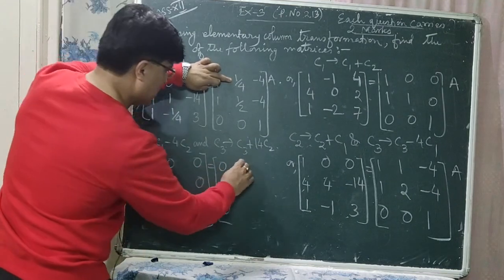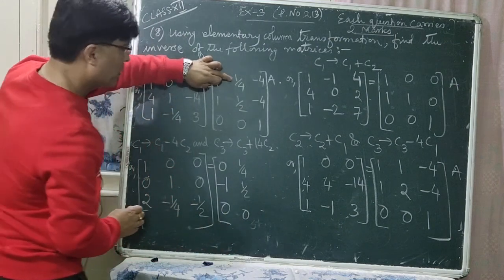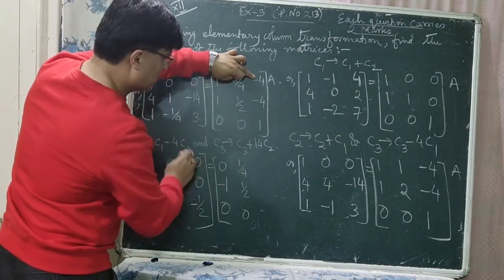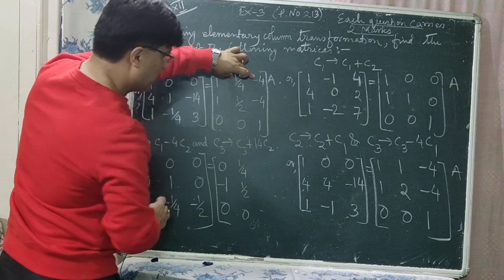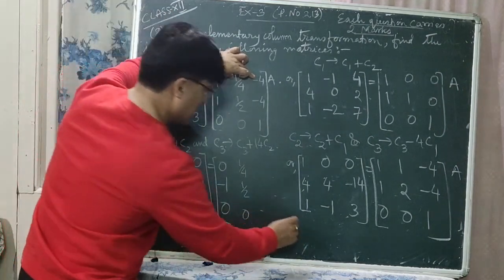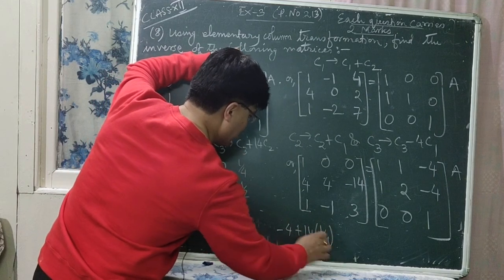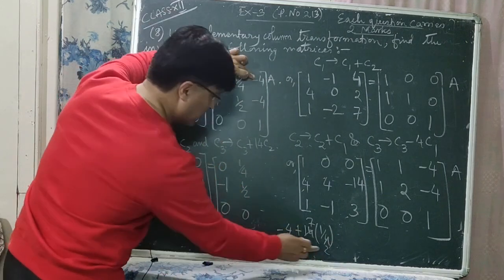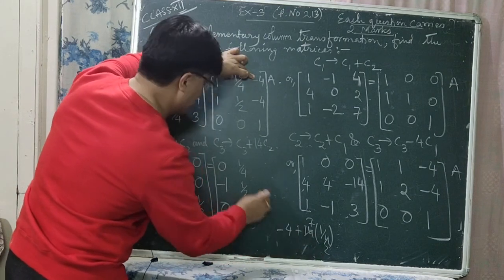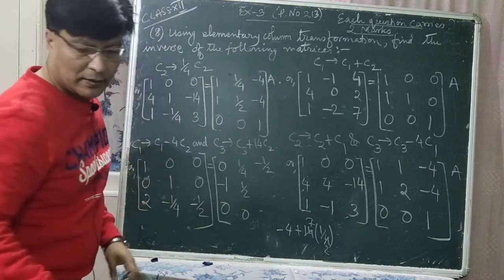Column 2 remains the same here: 1/4, half, 0. Now again C3 is minus 4, C2 is 1/4. So C3 is minus 4, right? Plus 14 into 1/4. So 2 2s are 4, 2 7s are 14. 2 4s are minus 8 plus 7, minus half. It is minus half, right?